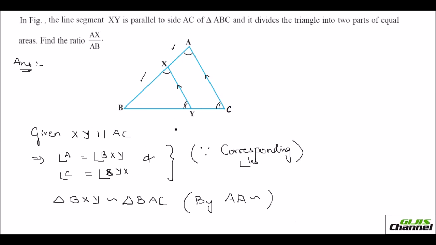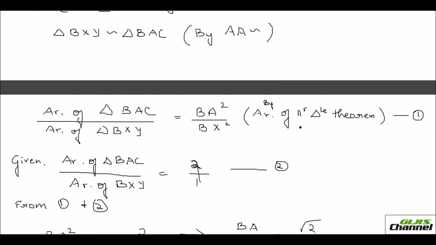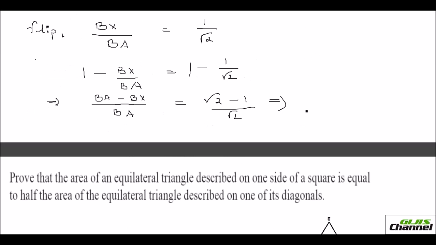Just look at the picture. BA minus BX is equal to XA, right? Or AX. You can write it as AX. So you get AX over AB, I've just written it as given in the question, is equal to root 2 take away 1 by root 2.